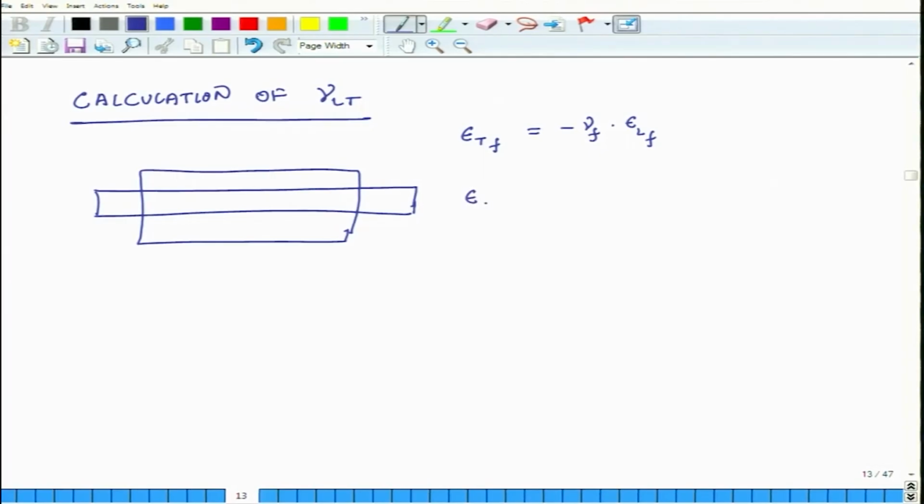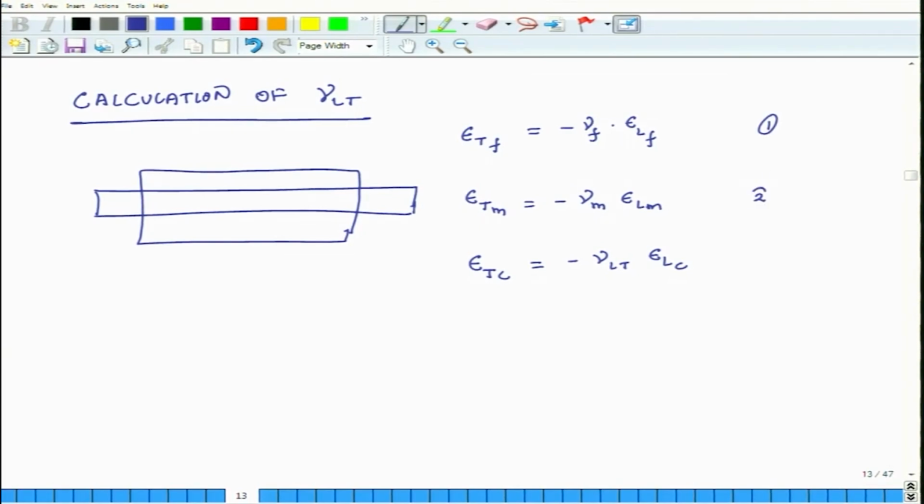Similarly, epsilon T m is equal to minus nu m epsilon L m. And the overall relation will be epsilon T c equal to minus nu LT epsilon L c, where c stands for the overall composite.